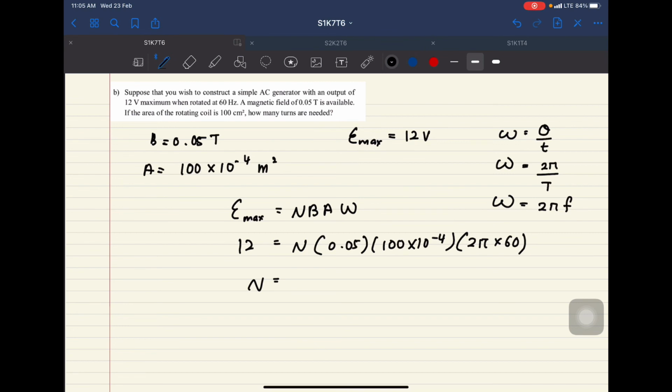So N is equals to... I got here 63.66 turns. Okay. So if the question wants you to calculate like the minimum numbers of turn, you have to state like 64. I think turns don't have any problems. You can leave the answer like this.